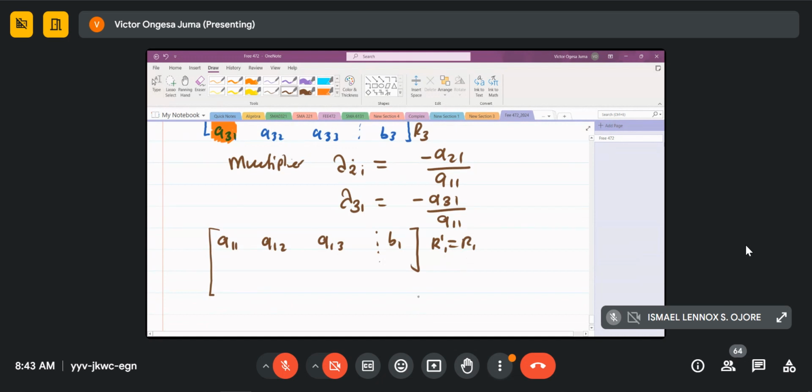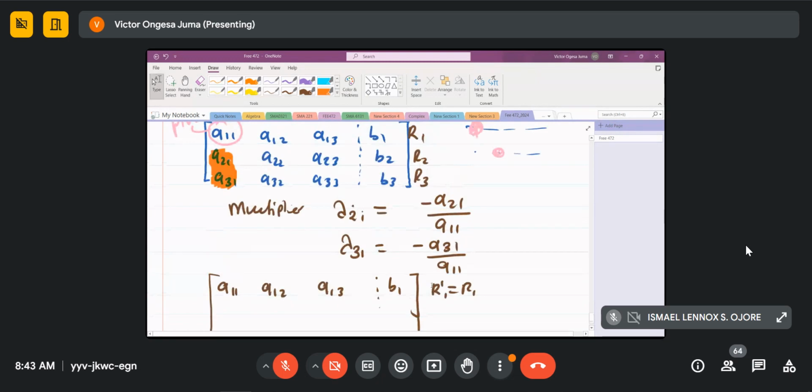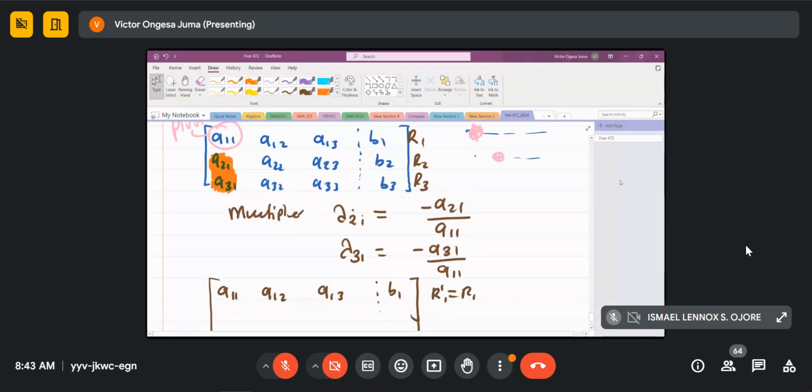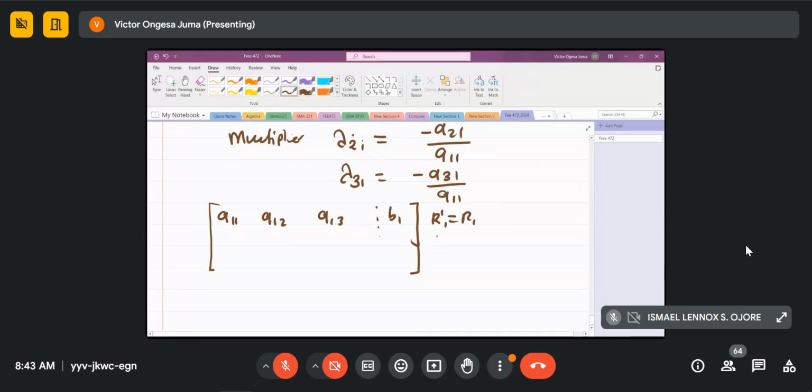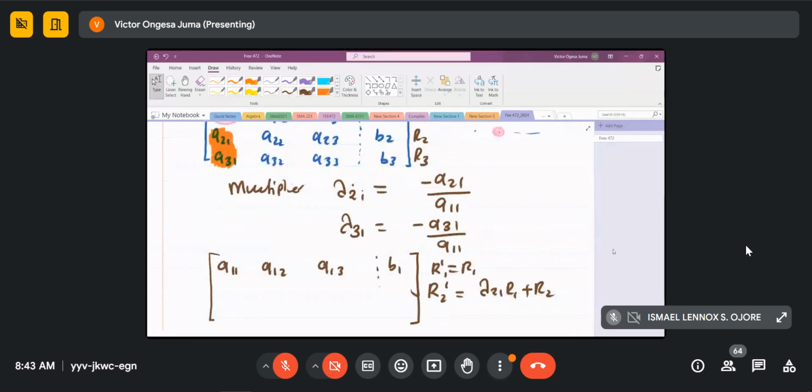But I want to eliminate row 2 by using these multipliers. And so I can say that my new row 2 is lambda 21 times row 1 plus row 2. Do you know why? Let me write this aside.